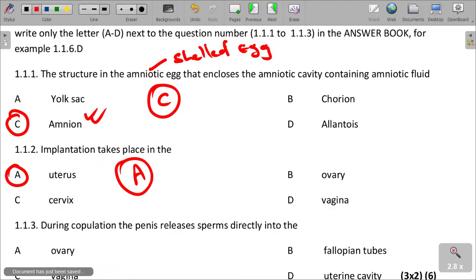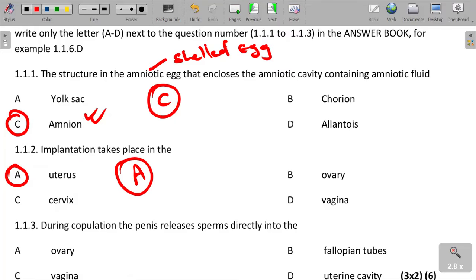It has to implant itself for nourishment, for it to be able to survive, to allow the development of the young one. The placenta has to work through the umbilical cord, so that zygote attaches itself inside the uterus, which is the womb.